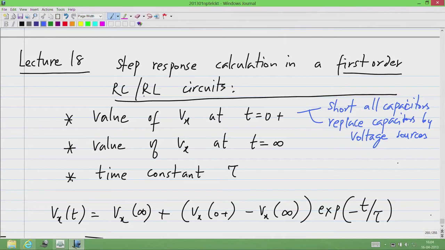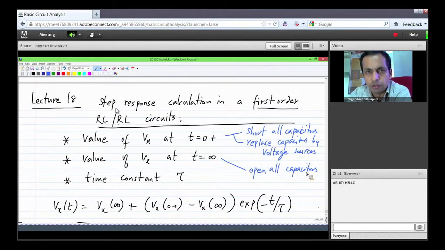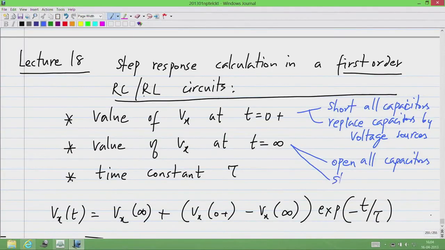And how do you find Vx at t equal to infinity? You simply open circuit all capacitors, because if the voltage reaches a steady state, a constant value across all capacitors, then their currents will be 0. By the way, we are talking only about first order systems here, but this is the case for all RC or RL circuits. In case of inductors, we have to short circuit all inductors.